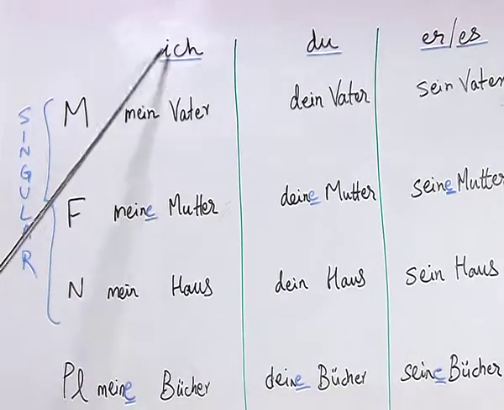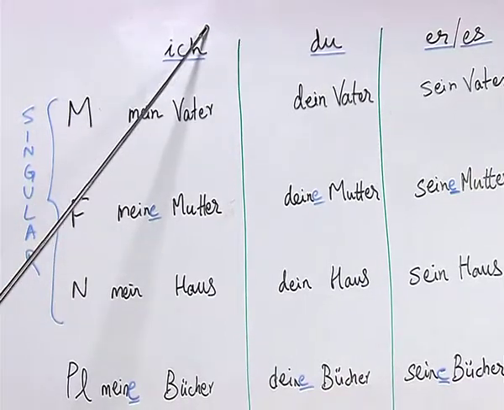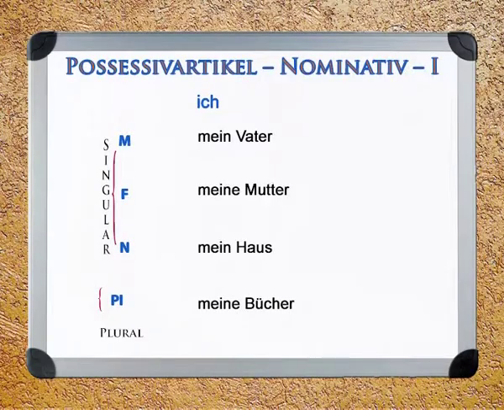Now, if you can see, under the pronoun ich, we have the possessive article mein, which is mein Vater, which is for masculine gender. For feminine, we have meine Mutter. For neutral, mein Haus, and for plural, meine Bücher.